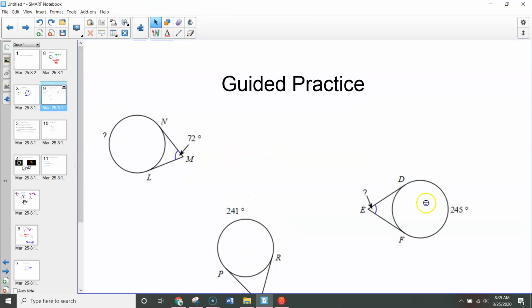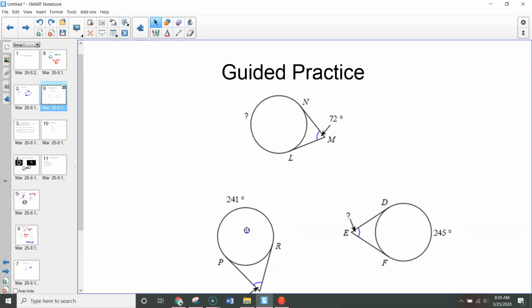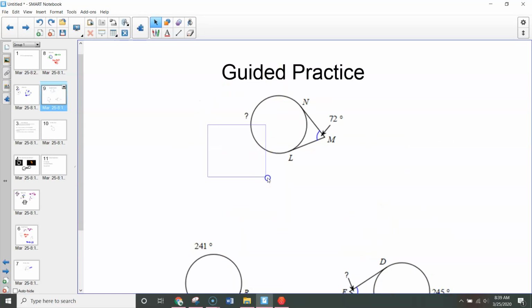Okay, let's try some of these. Go ahead and copy this one in your notebook, this top one right here. And then once you're ready, go ahead and press play. Okay, so it is asking me to find this big part right here, and it gives me the 72.